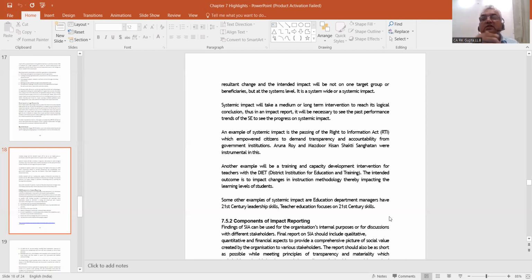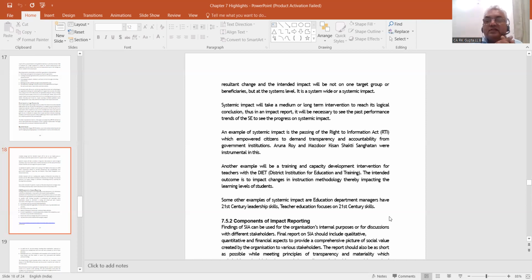So this is called systemic impact. It is a system-wide impact. Systemic impact will take a medium or long-term intervention to reach its logical conclusion. Thus, in an impact report, it will be necessary to see the past performance trends of the social enterprise to see the progress on systemic impact.